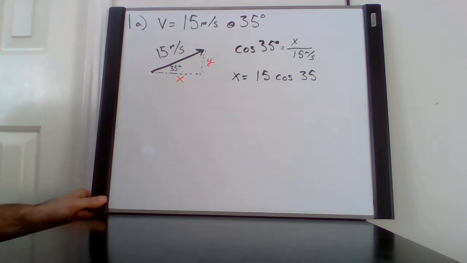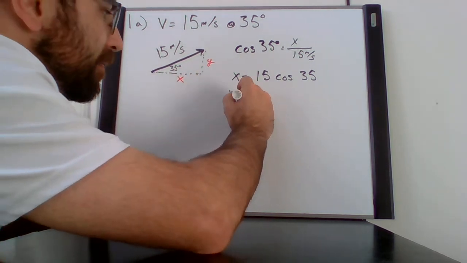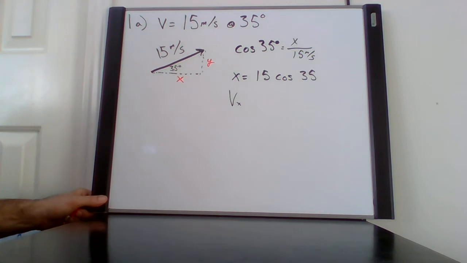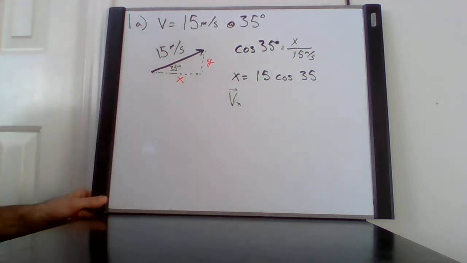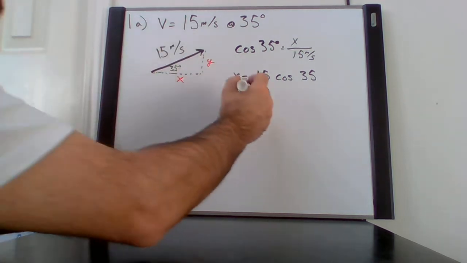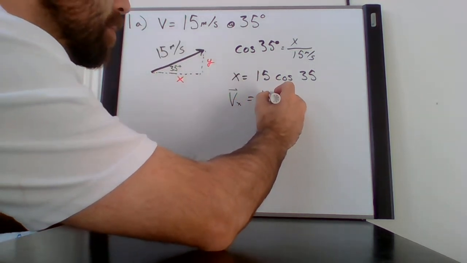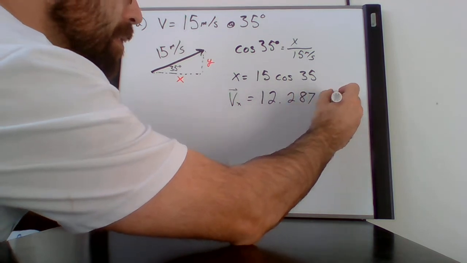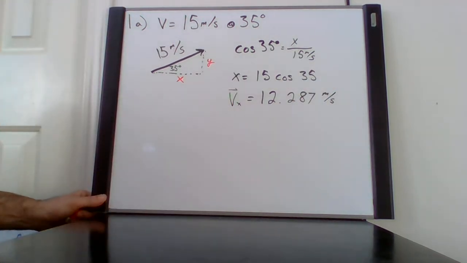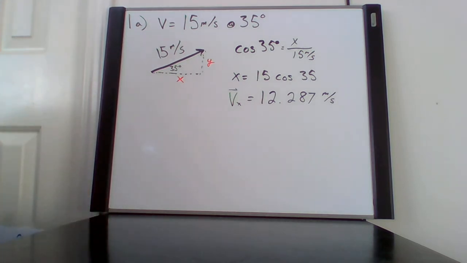From here, we just plug that into our calculator, and this is now going to give us that Vx. We started with an initial velocity, so our initial velocity in our x direction is then going to be 12.287 meters per second.